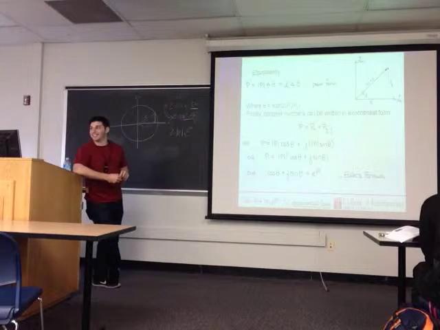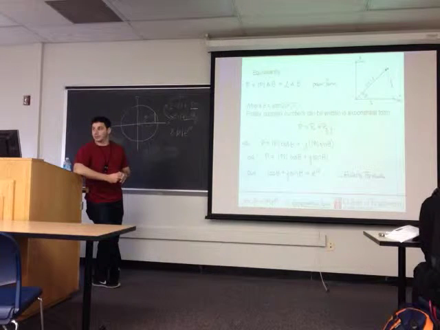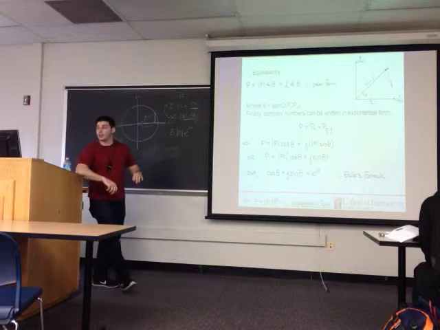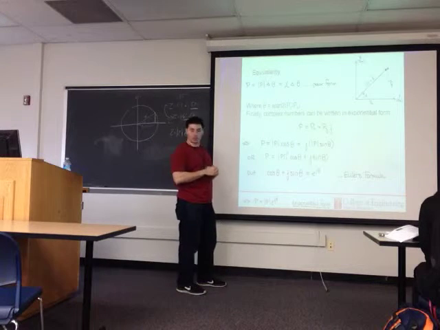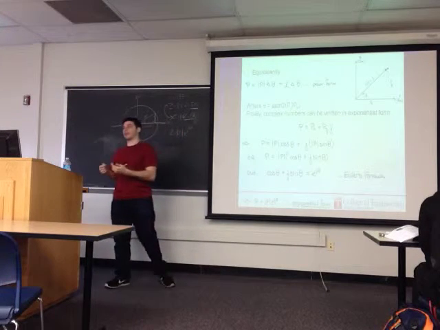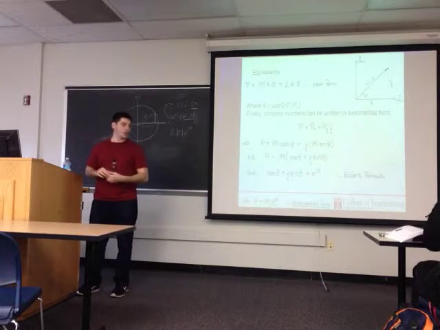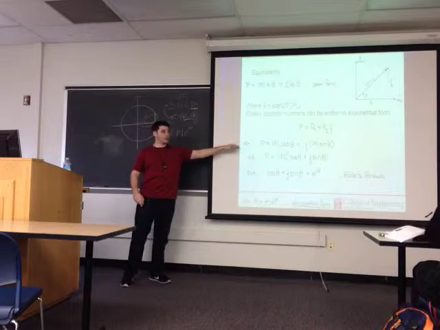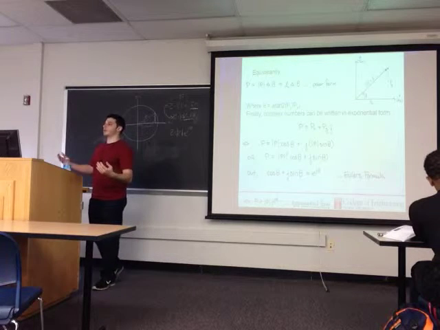When you say multiply sine theta, I'm saying multiply by the square root of -1. You can't physically type that into your calculator because your calculator is not going to accept the square root of a negative number. So you have to just leave it in this form, because it's a complex number, an imaginary number.